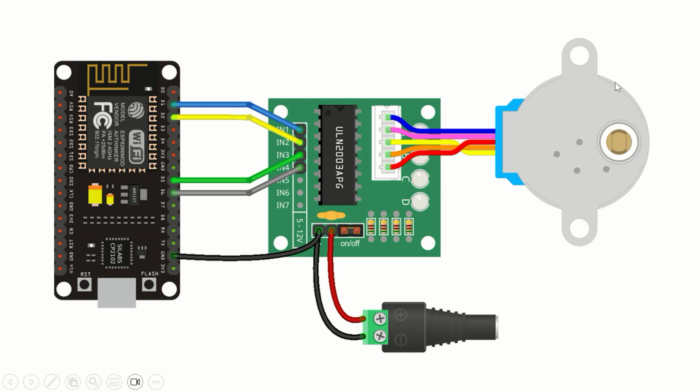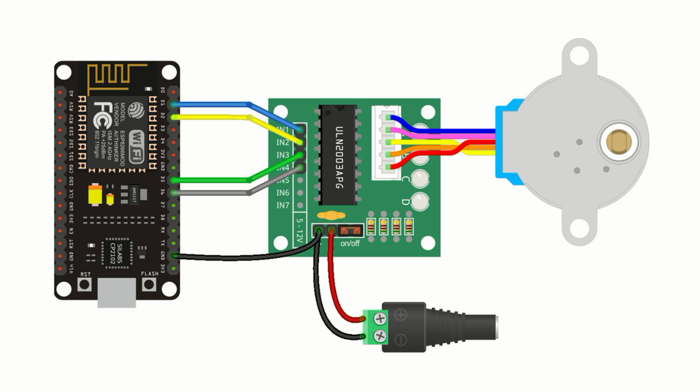So what is the step? That depends on the inside construction, how many windings are there inside the motor, so that it will make a corresponding displacement. Let's say, for example, 1.8 degrees is the step. That means 360 degrees for one revolution divided by 1.8 degrees, so you require 200 steps.